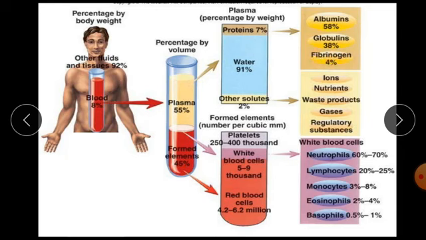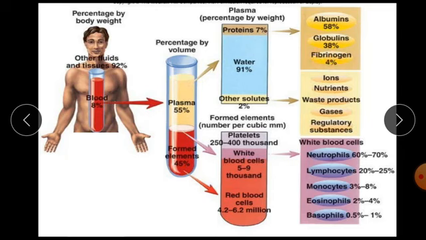And the other products, for example, the ions, nutrients, waste products, and the gases. Now here, in case of platelets, it is almost 2.5 to 4 lakhs per mm cube, and WBC is near about 5 to 10,000 per mm cube, and RBC is 4.2 to 6.2 millions per mm cube.